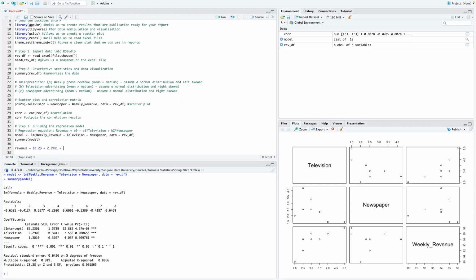If B2 is at 0, like if no money is put into newspaper, and for television we just add a unit increase, so let's call X1 equal to 1 and B2 nothing, let's put 0 there.